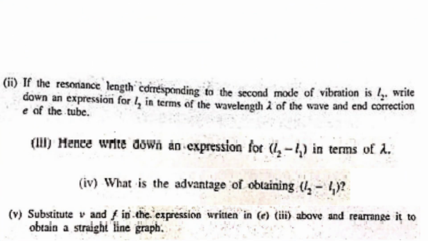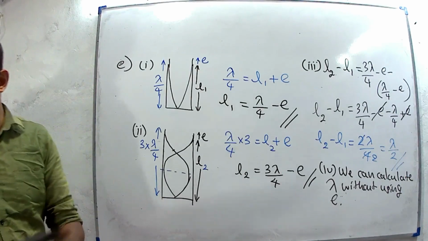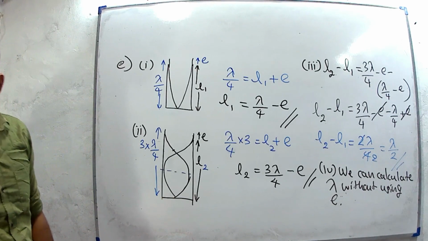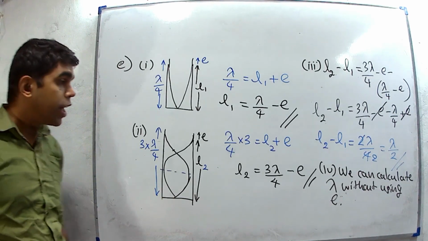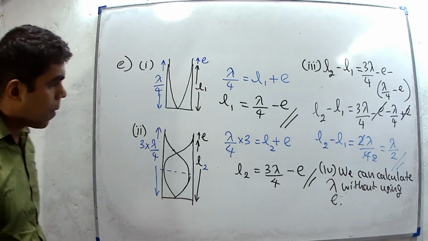Substitute V and F in the expression written in part 3 above and rearrange it to obtain a straight line graph. We have to substitute V and F, and we have to rearrange the equation to draw the graph.